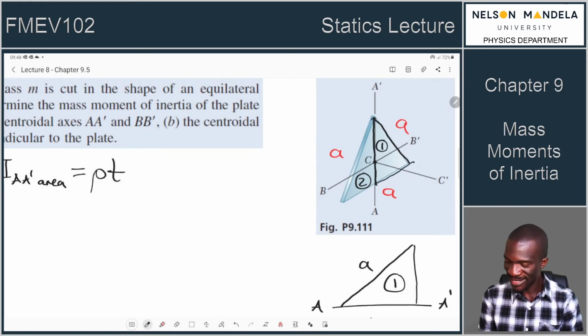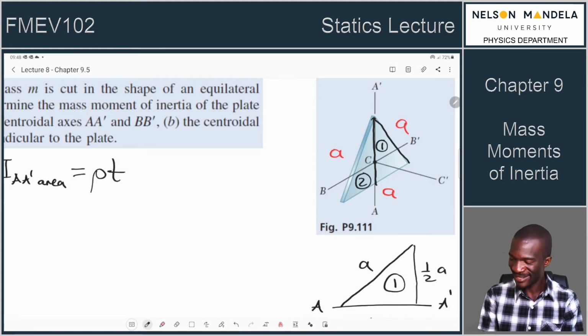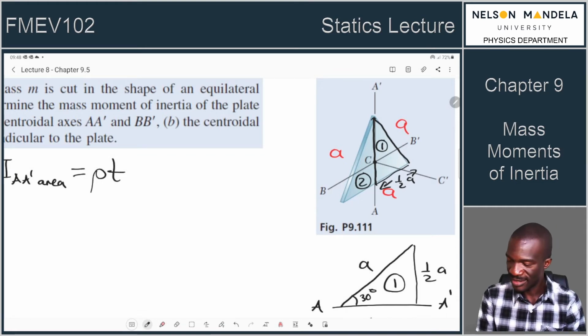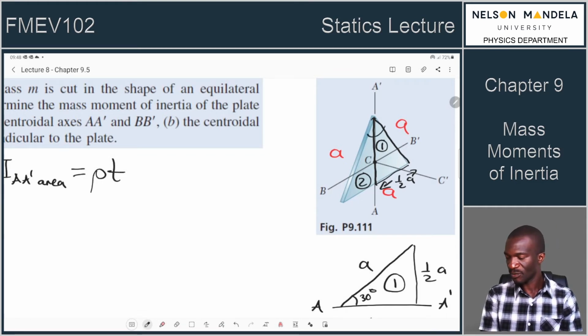In fact, we know it. It's half of A. Yes, this side is half of A. So we now have a half of A there, and we have some angle. This is 30 degrees, isn't it? This is 30 degrees because we are bisecting the 60 degree angle.